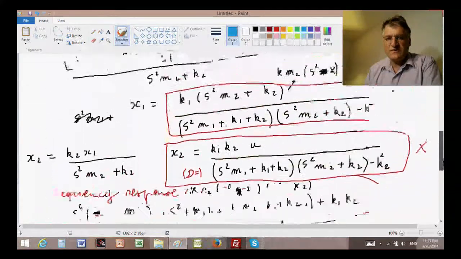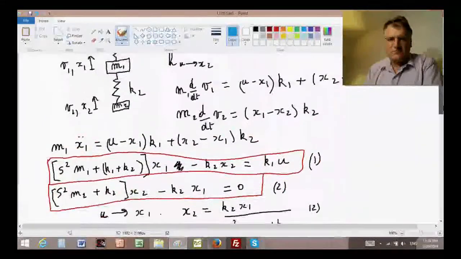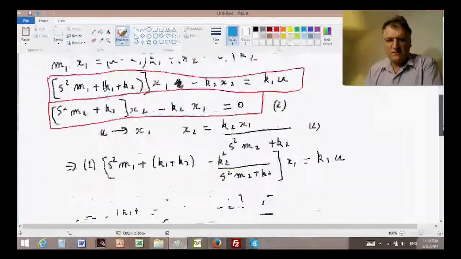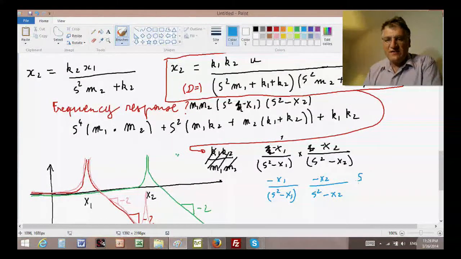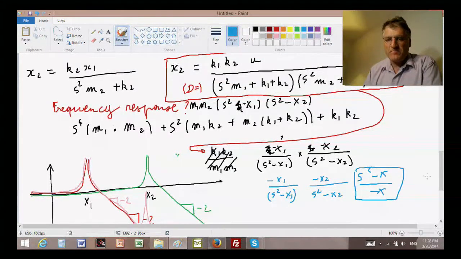Maybe slightly different, but something along these lines, times s squared minus x divided by minus x. That's the additional term we get.